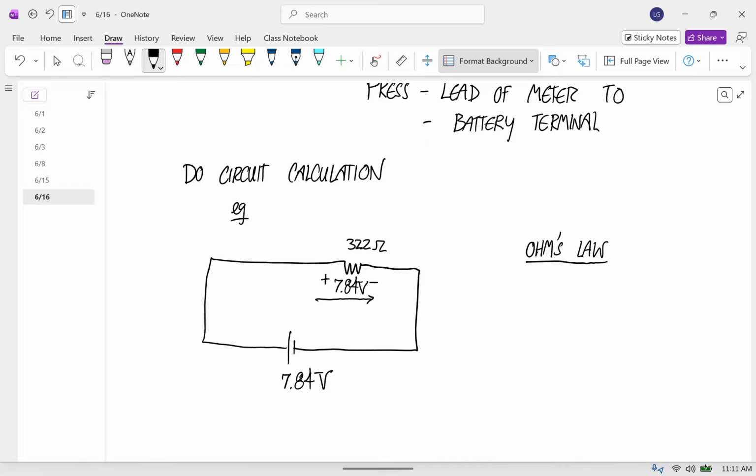And it's going to say the voltage across that resistor is equal to the resistance times the current through that resistor.